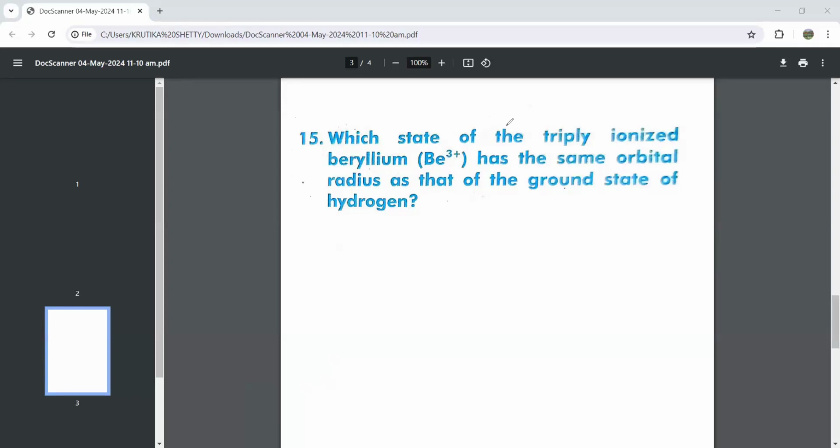Here we can take the radius of the nth orbit of the excited beryllium, which is equal to R1 of hydrogen. Here the n value is the question mark. We have to calculate the n value, which state they are asking.